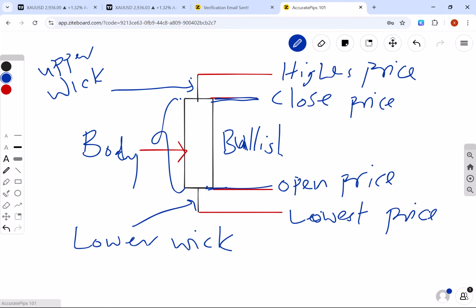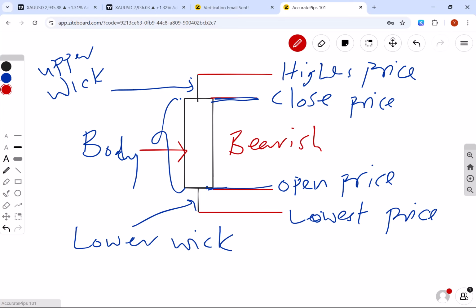Okay, so these are the parts of a bullish candle. Take note. Now, if we want to label the parts of a bearish candle, the same drawing. So don't worry, bearish.